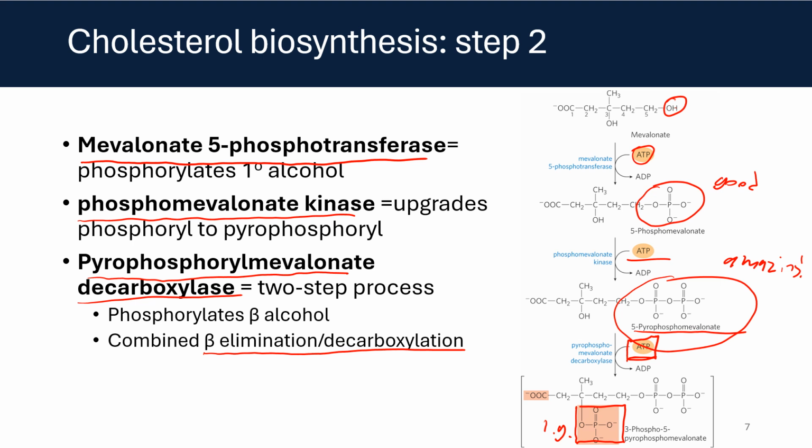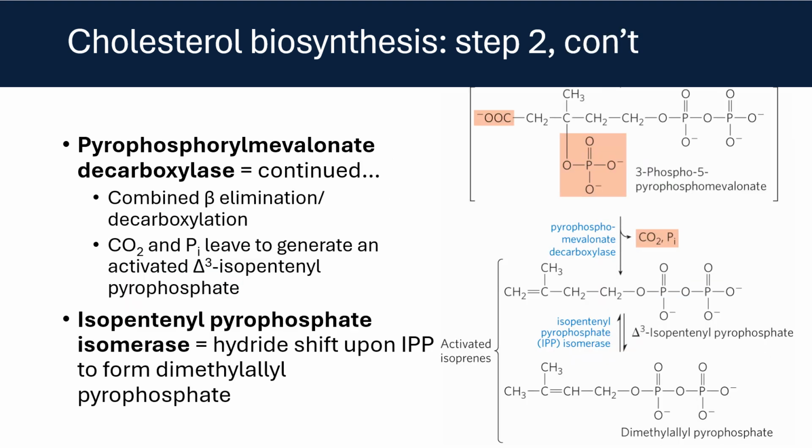On the next slide, I'm going to show you how we can remove this carboxyl group to facilitate the formation of an alkene. I will now show you how this combined beta elimination decarboxylation occurs. And remember, this is still the same enzyme we left off with last slide. It's all pyrophosphorylmevalonate decarboxylase.